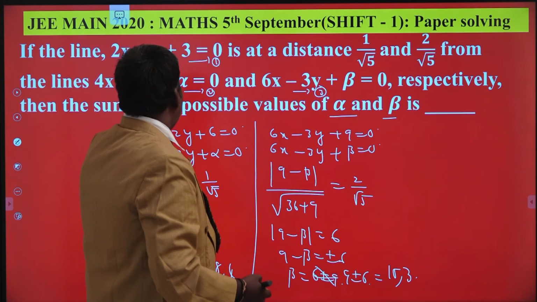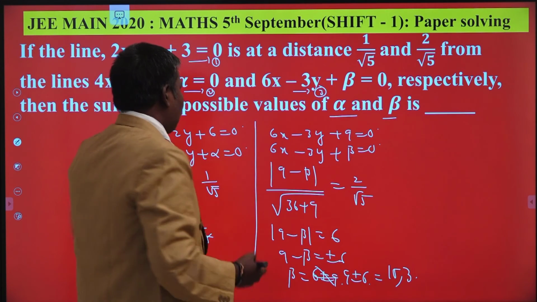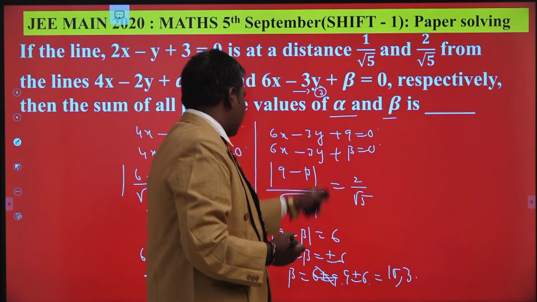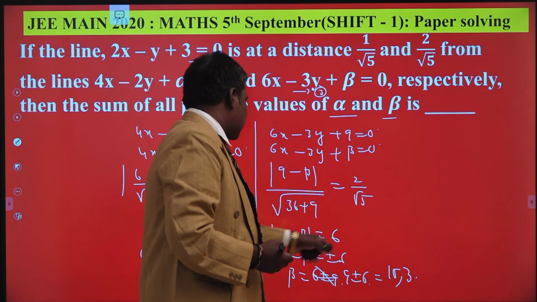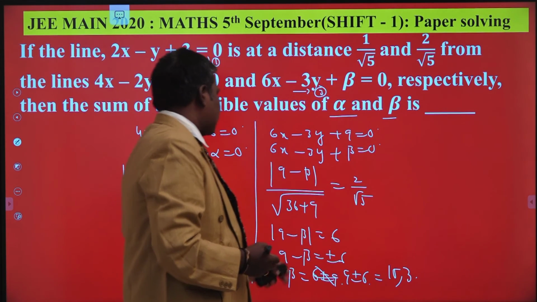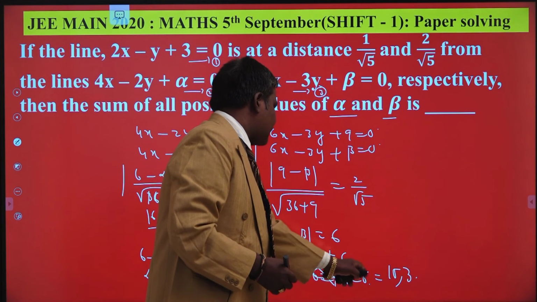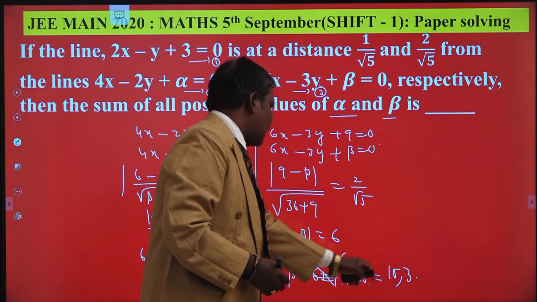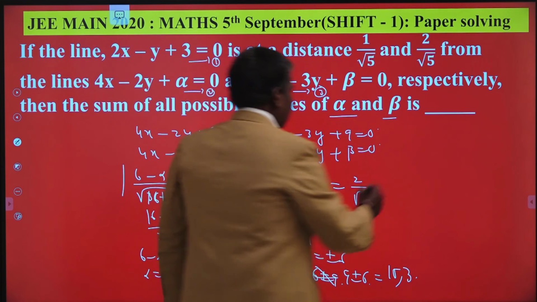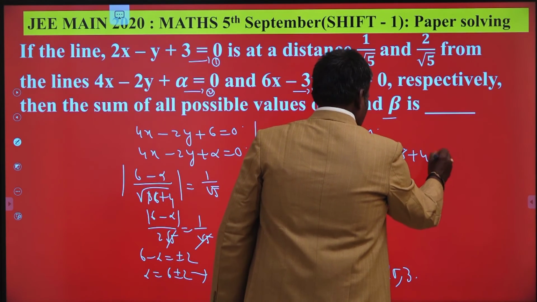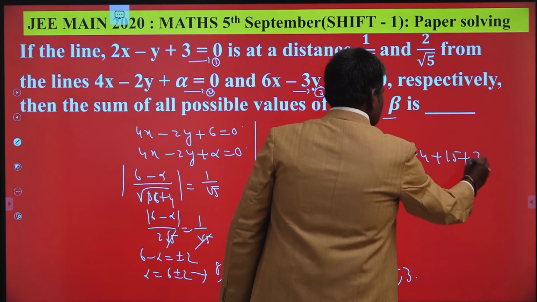So what you have to find out is the sum of all possible values. So 9 minus beta is what now? 3 2s are 6. So beta is equal to 9 plus or minus 6, that means 15 and 3. So the sum of the values: 8 plus 4 plus 15 plus 3.